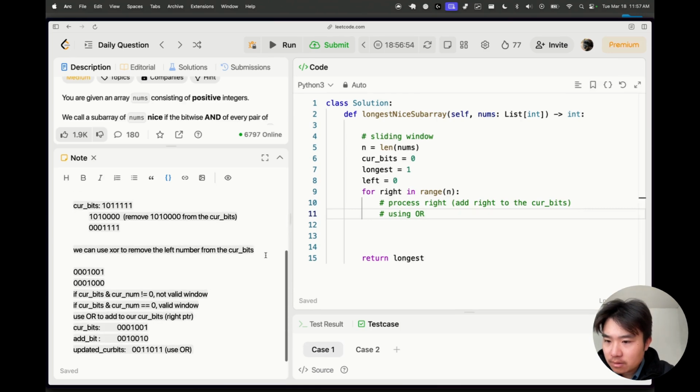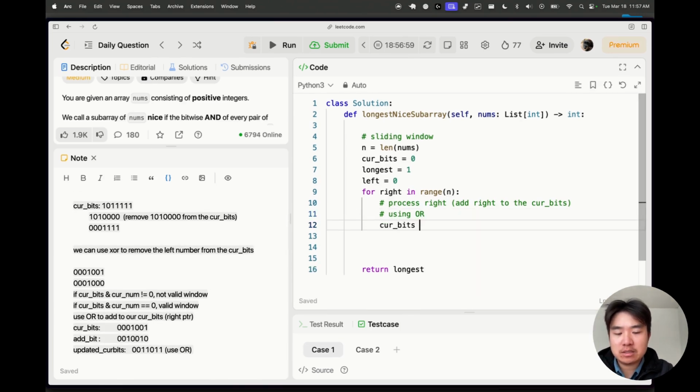So cur bits or equals nums at right, because right is a pointer.